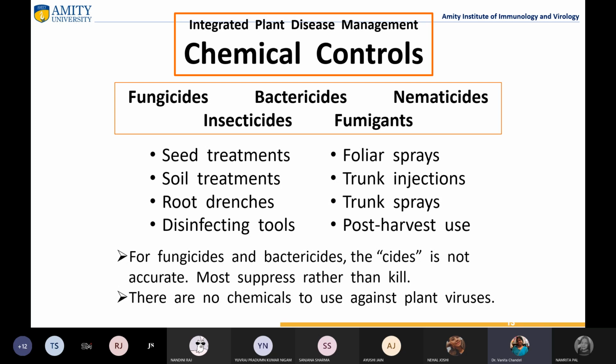They say that for fungicides and bactericides, the kill is not absolute. They do not completely kill the pathogen, but they suppress it. And as I said, there are no chemicals to use against plant viruses. For plant viruses, we don't have anything.